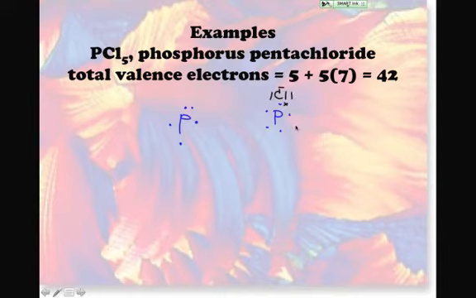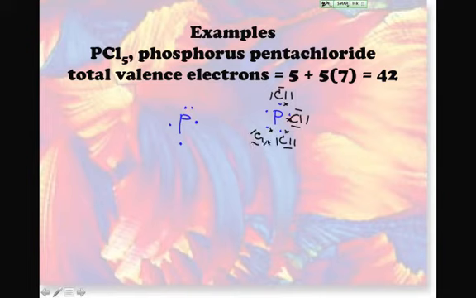So chlorine has 7 valence electrons to bring. I use an X to show the one that it's going to share with phosphorus, and then of course the lines indicate a pair of electrons that chlorine is keeping to itself. These are the lone pairs. So chlorine has 7 valence electrons.